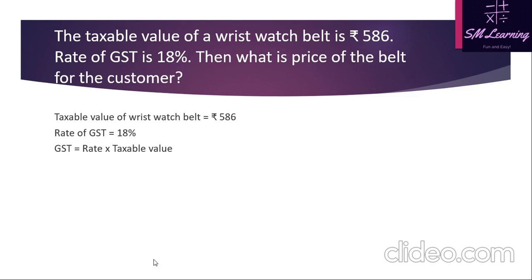Now in this sum, nothing is mentioned about CGST and SGST. So directly we are jumping towards calculating the amount of GST. So what is the rate given here, students? 18%. So 18% of taxable value. So 18 upon 100 into what is the taxable value here? 586. The calculation is a bit complicated here because there are no zeros to cancel.